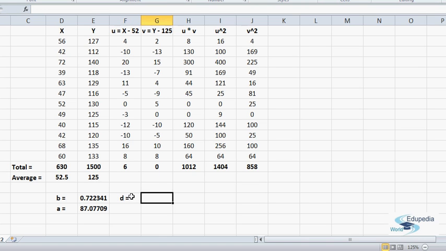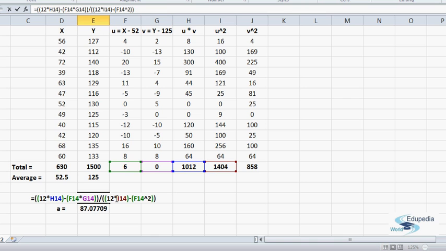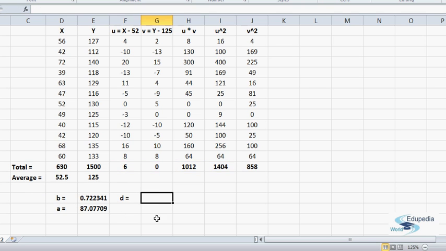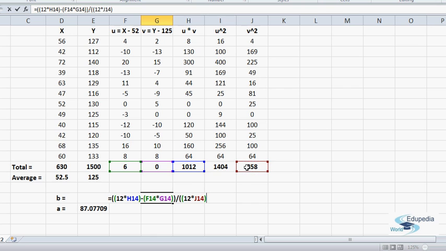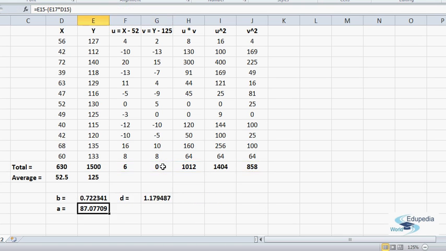So d, we know, would be equal to, and of course we know that the value of d will have these things common what we have here, only the second part of the formula, so it's n times summation uv minus summation u times summation v divided by n times summation v square, which is this one, minus summation v the whole square. Okay, and the value of d is coming to be 1.17.